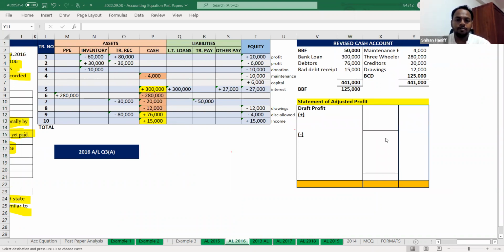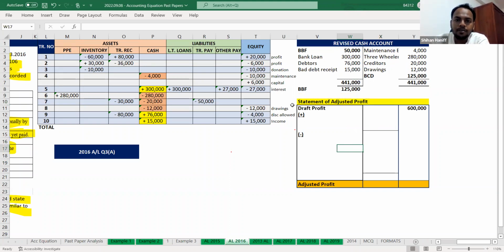Drafted profit is 600,000. I'll give 2 minutes. Can you find out the adjusted profit? Revised, adjusted, same. Revised profit, adjusted profit. You can use revised or adjusted. That's not an issue.